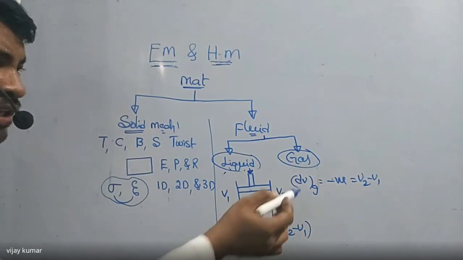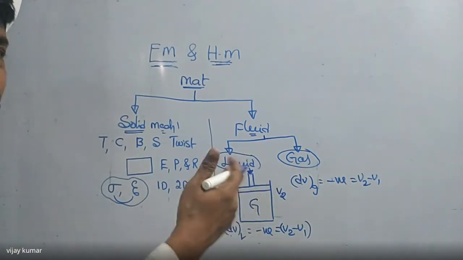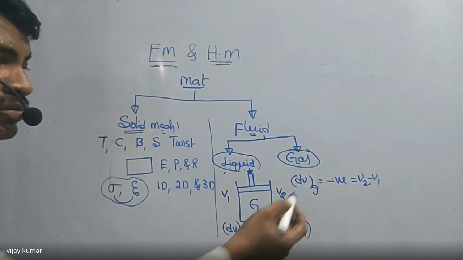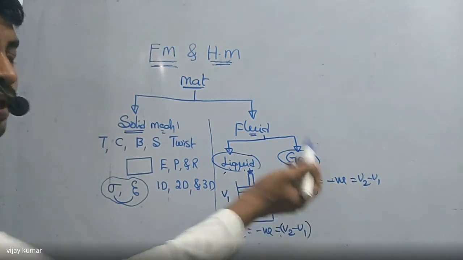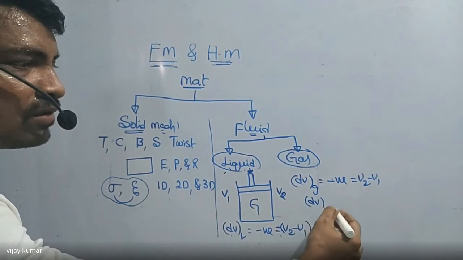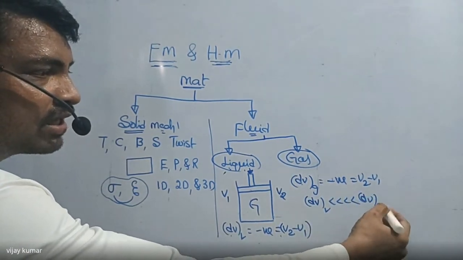Now, after getting the change in volume of the liquid and the change in volume of the gas, compare these two values. Which value is very, very less? If you compare these two values, the change in volume of the liquid is very, very less than the change in volume of the gases.